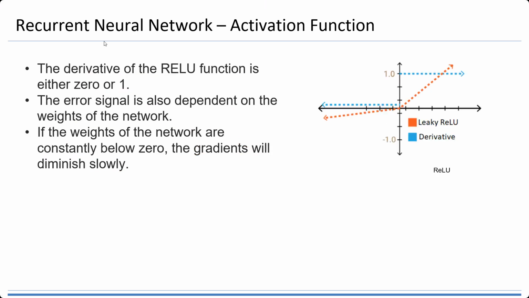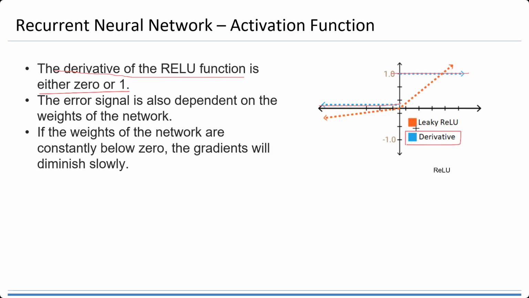Now, people try to use the ReLU because it is closer to the real value. The derivative of the ReLU is either 0 or 1. Okay, the derivative, so we can get 0 or 1. This is the derivative of ReLU.